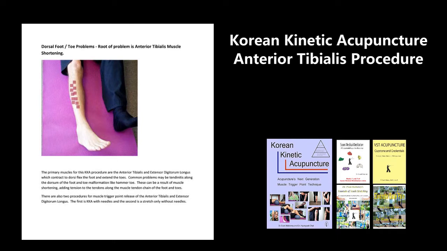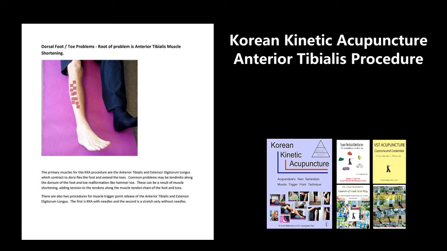Common problems may be tendinitis along the dorsum of the foot, the top of the foot, and toe malformation like hammer toe or arthritic conditions. There can also be peripheral nerve impingements with numbness on top of the foot and toes, and of course there can be tendinitis.